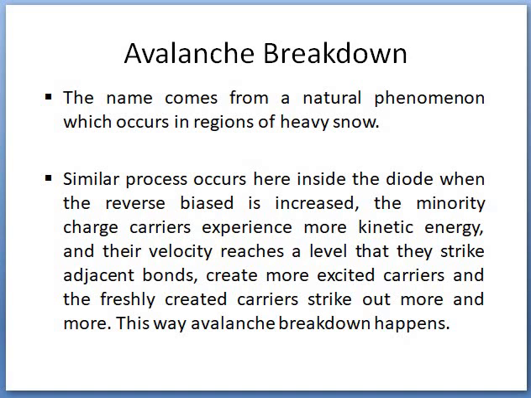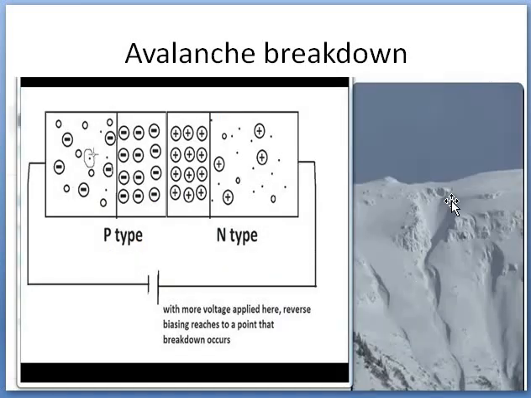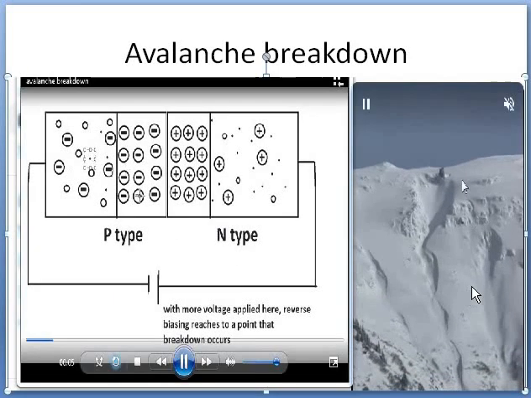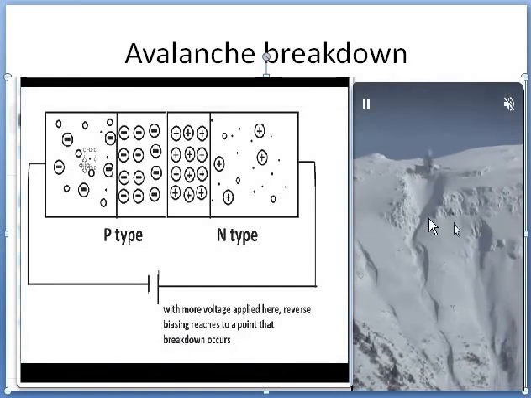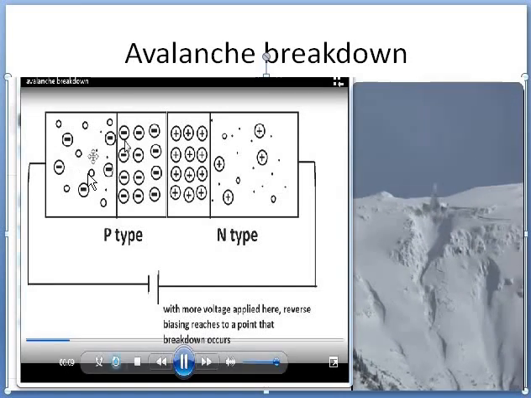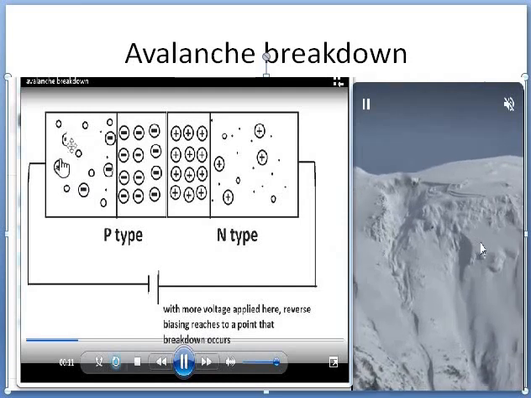I'll just show you what a real avalanche is. This is a real avalanche, the natural phenomenon because of which this process is called avalanche breakdown. Just compare the natural phenomenon with the one happening here inside the diode.